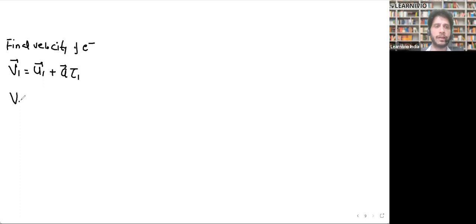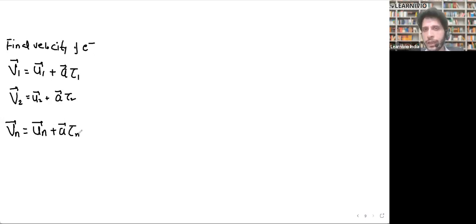Then you can write its v2. For the second electron, its initial velocity is u2. u2 is the thermal velocity, then acceleration a, then tau 2. I'm using that equation of uniformly accelerated motion, v is u plus at. Similarly, for the nth electron, the velocity is un plus a tau n. So now we are calculating the velocities of electrons after collision.